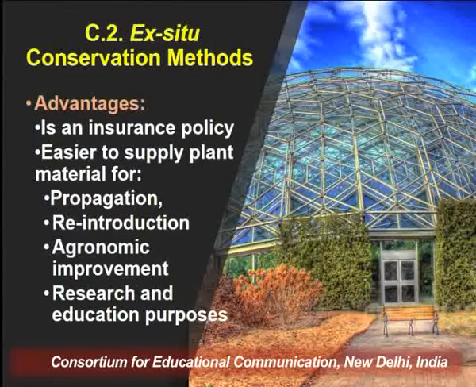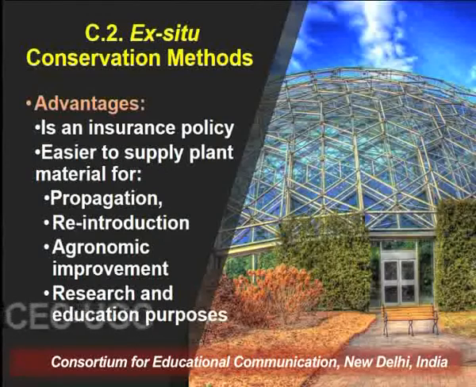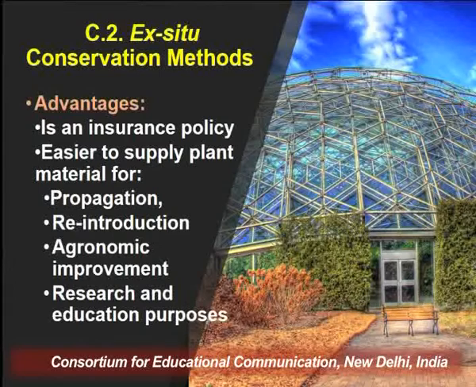And since that species has become extinct in its natural habitat, the plants or the germplasm that has been conserved under ex situ conditions can be used to reintroduce that species in its natural habitat. So we can say that these ex situ methods are a sort of backup plan.